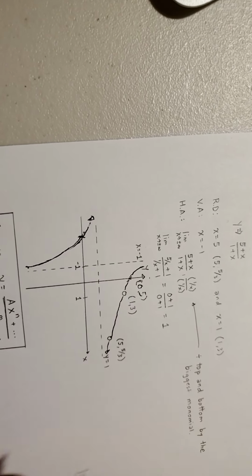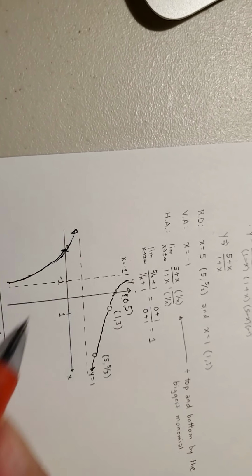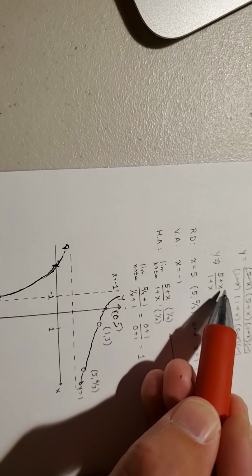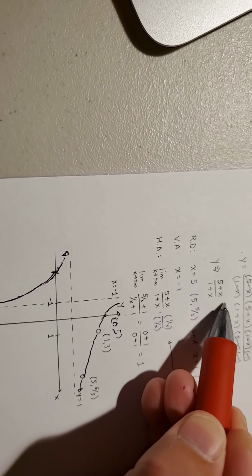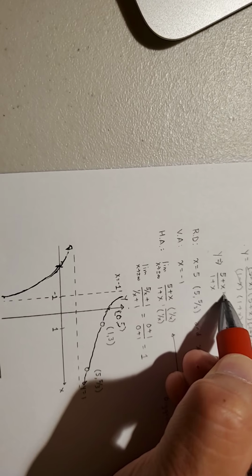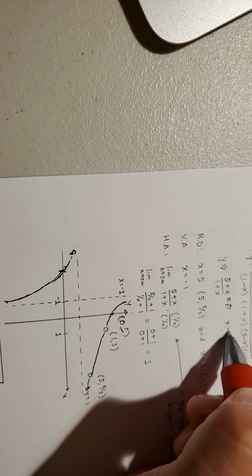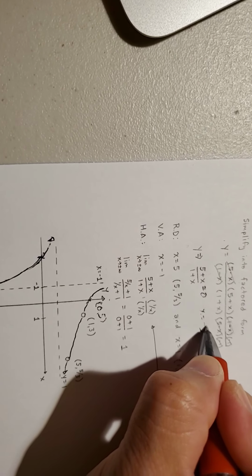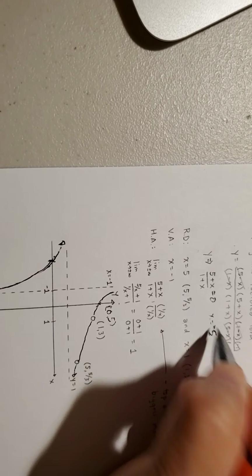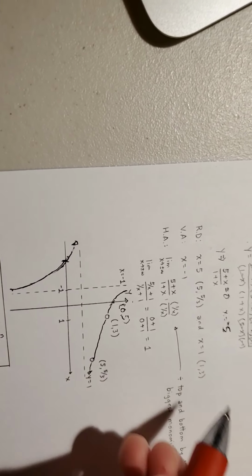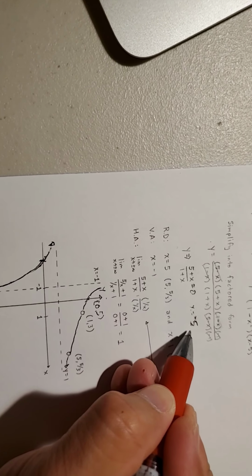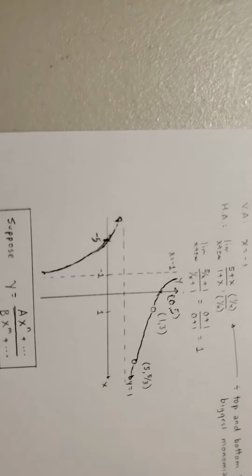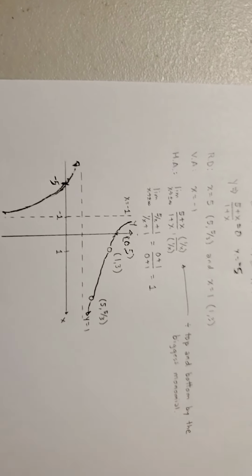For the x-intercept, I'm going to set y equal to 0 in this equation, and that's really just looking at the numerator and setting that equal to 0. So if I set this equal to 0, that gives me x is equal to -5. Sorry, my pen is running out of ink because this thing is probably 16 years old. But nonetheless, x is equal to -5, and so this coordinate is going to be (-5, 0). Okay, so that's going to be our graph.